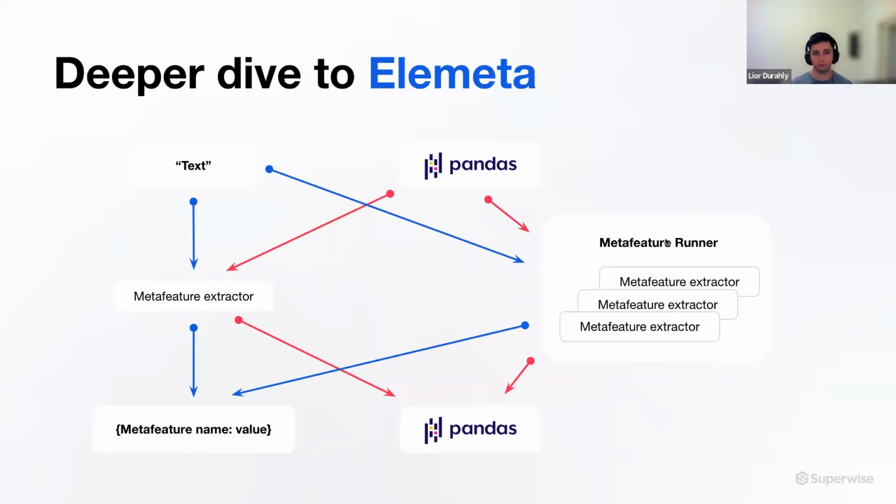And if we want to run many meta feature extractors at the same time, we are able to use the meta feature runner and extract them at the same time. If we're using a text, we're getting a key value response, and if we're using a data frame, it will give us a new data frame with the meta features as columns.